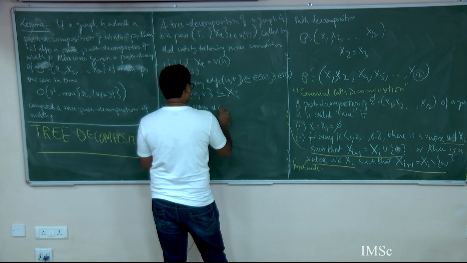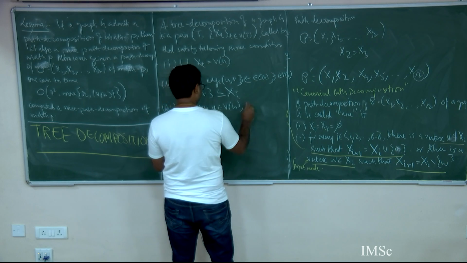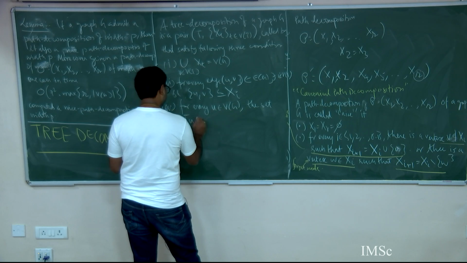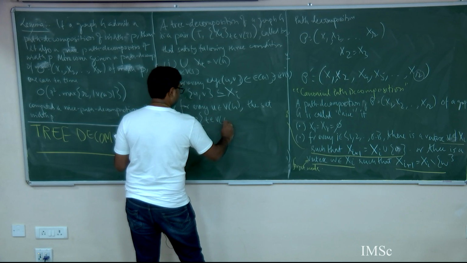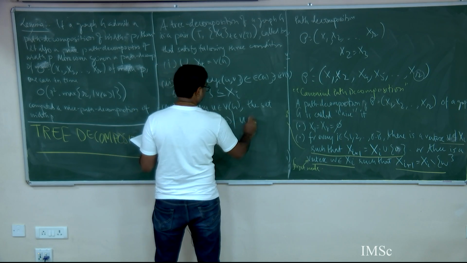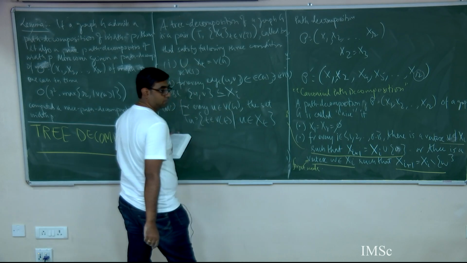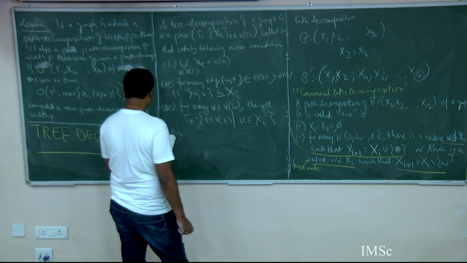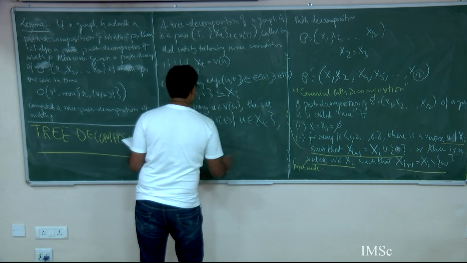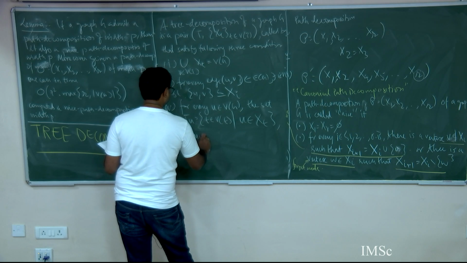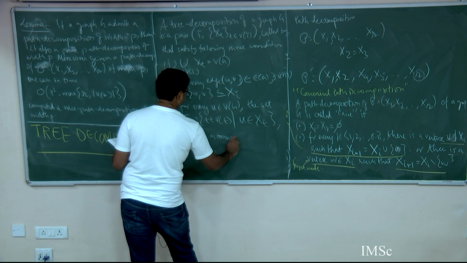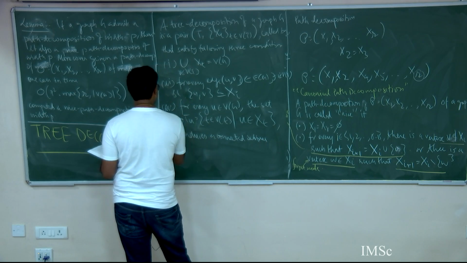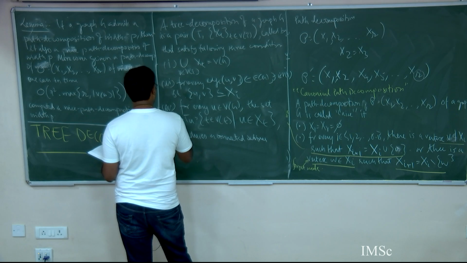For every u in Vg, the set Tu, where Tu is the set of t in Vt such that u is contained inside Xt, induces a connected subtree. This is basically the bags that contain u.